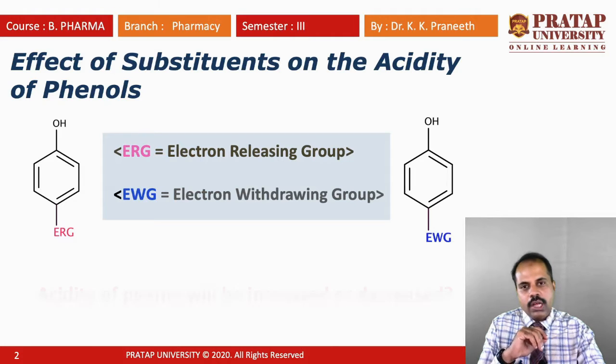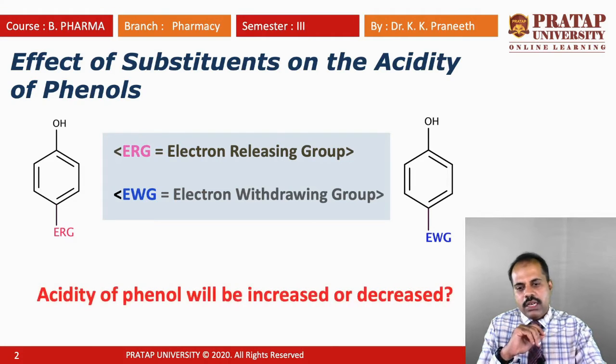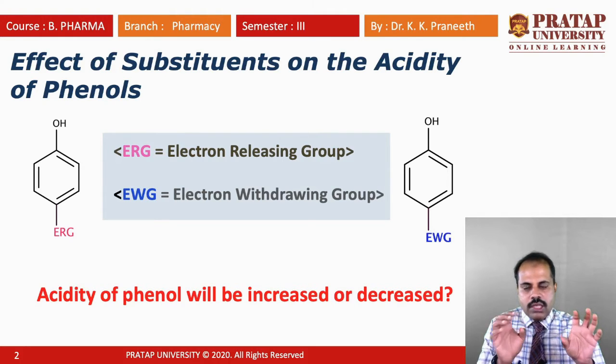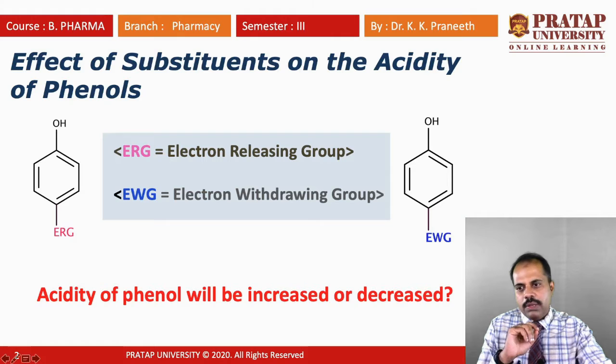So let's see whether the acidity of the phenol will increase or decrease in the presence of an electron withdrawing group or electron releasing group attached on the ring. Can you guess what happens if you attach an electron donating group?